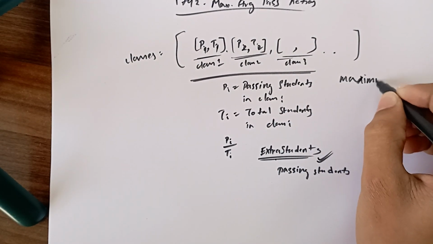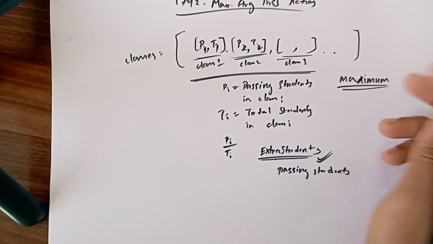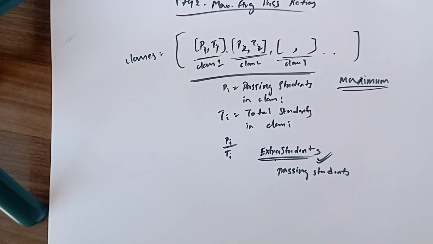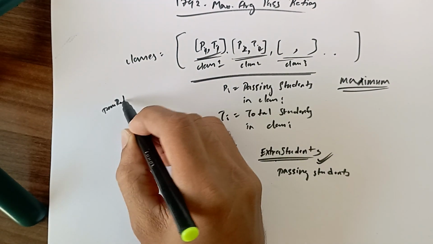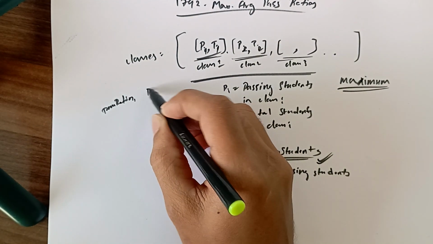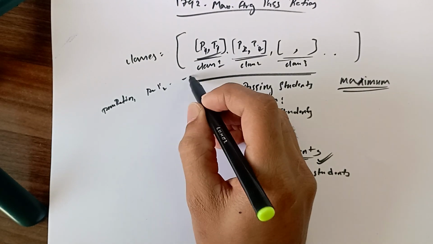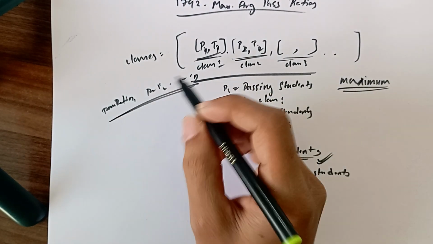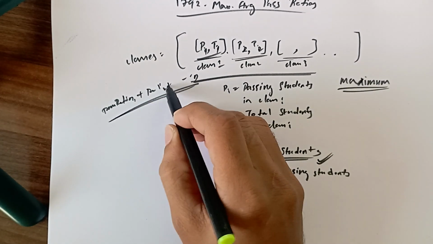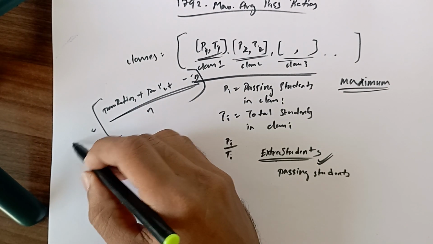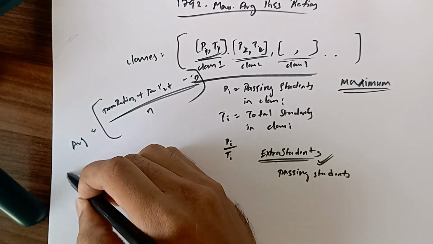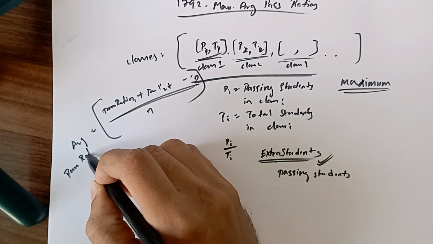So how do we calculate the average pass ratio? There will be a pass ratio for the first class, the second class, and so on for n classes, and we need to add them all and divide by the number of classes. This will be our average pass ratio.